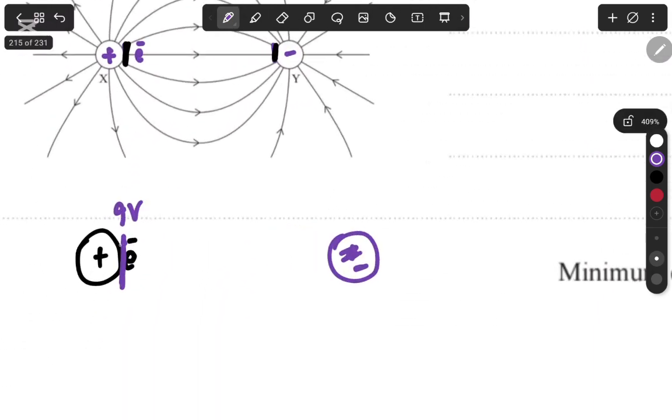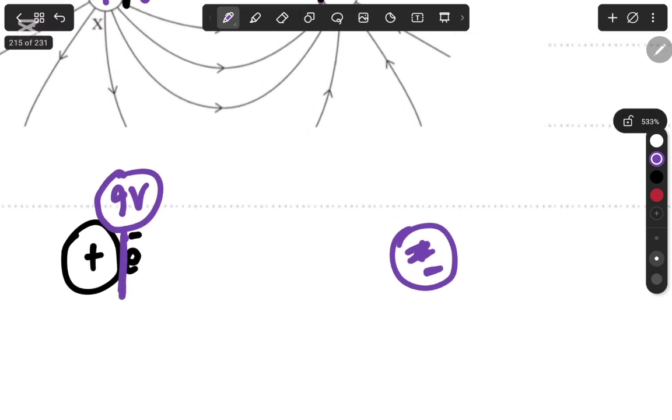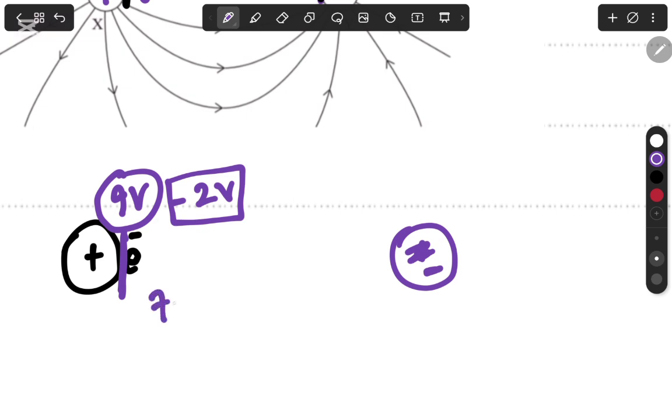This means that this 9 volts that we have is because of the positive charge. Now, because of the negative charge also, there will be an electric potential value. Maybe that electric potential value is minus 2 volts, right? Because the distance is more, so the electric potential here would be less. So it would be minus 2 volts. And then you add both of them, you get the electric potential at this point as 7 volts, right?